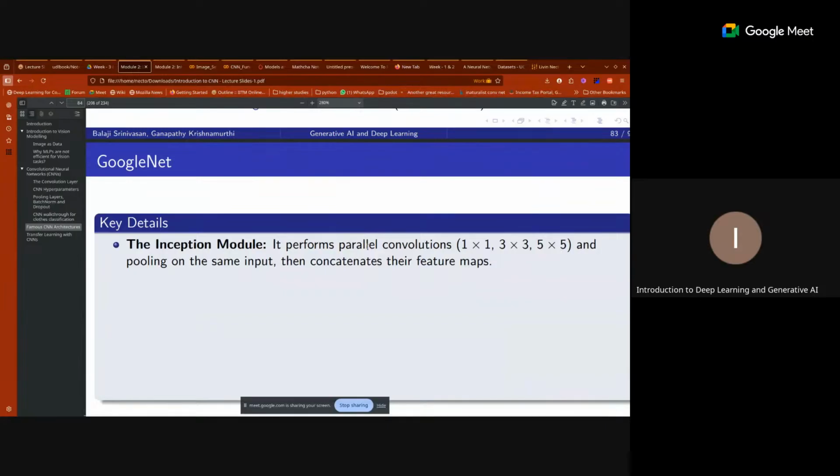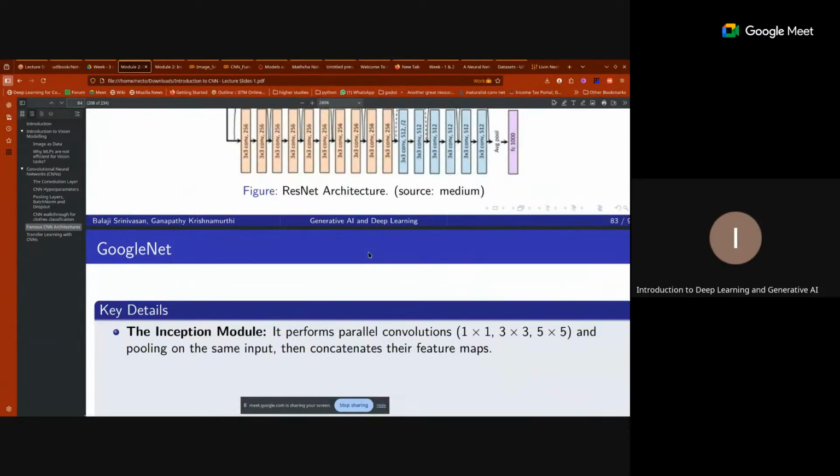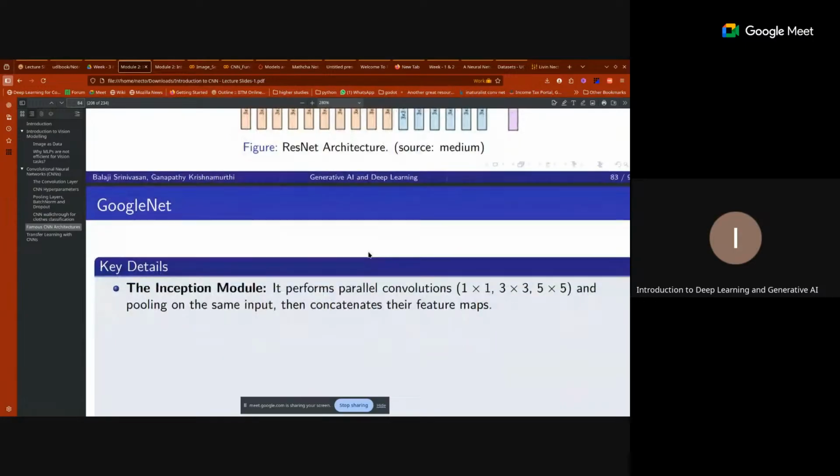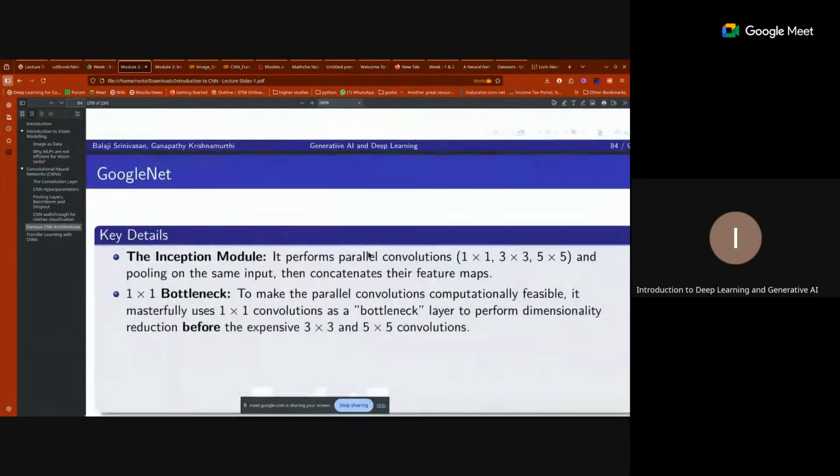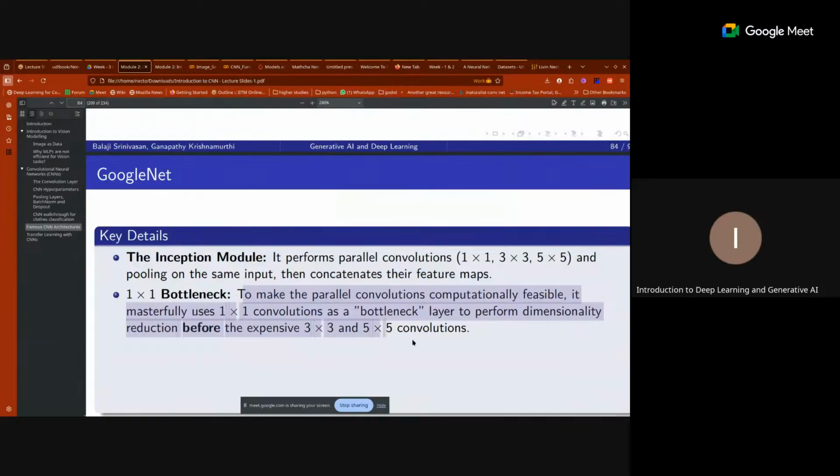And here the idea is why don't we use different convolution kernels at the same time? Why do we have to choose only one convolution layer? That's the intuition behind this one. And then again it worked well. And you see, the reasoning provided here is not very recent.